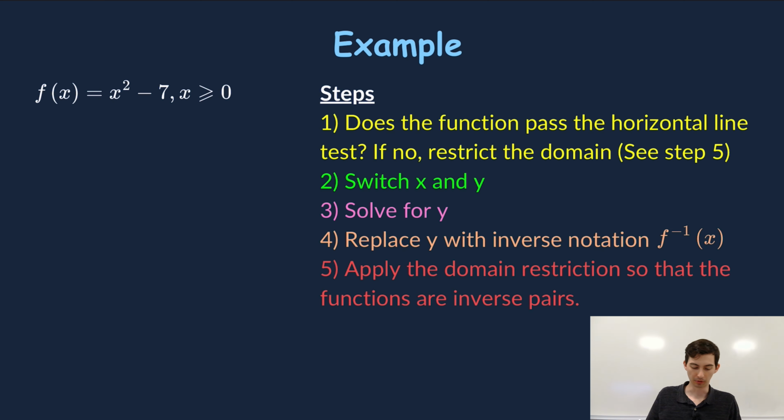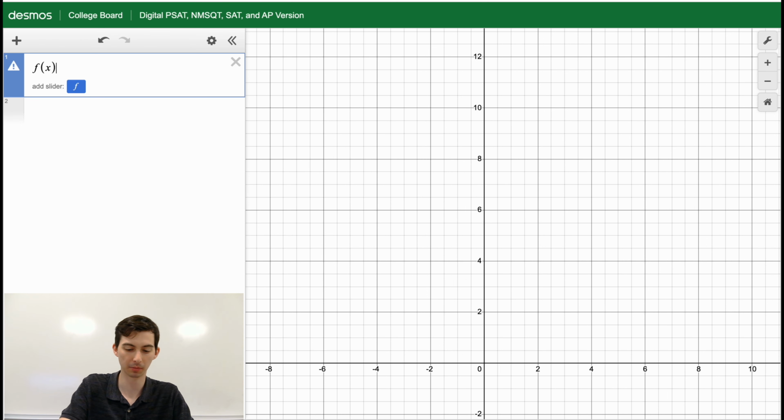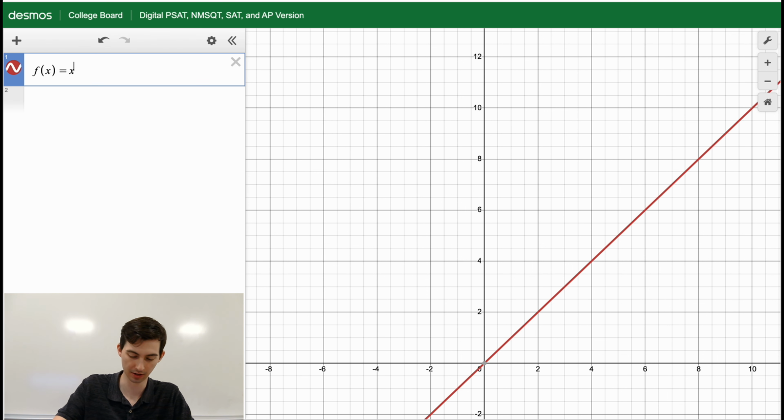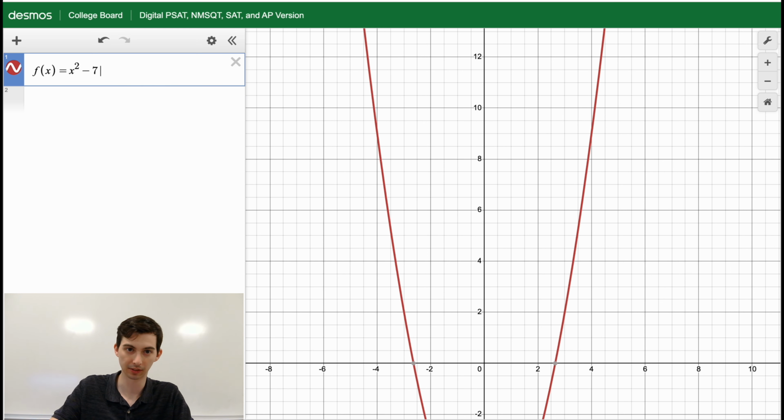So let's do an example. Here I've got f of x is equal to x squared minus 7 with the restriction that x has to be greater than or equal to 0. So let's go ahead and just plug this in to Desmos. So I'm going to say f of x is equal to x squared minus 7.